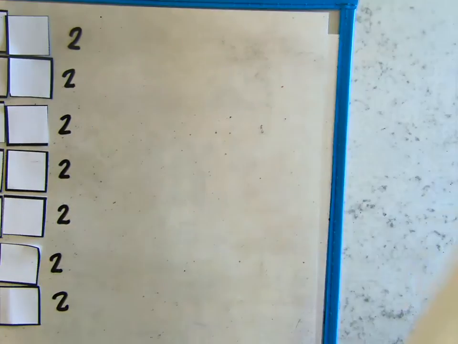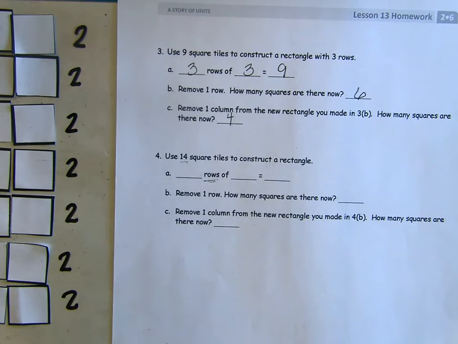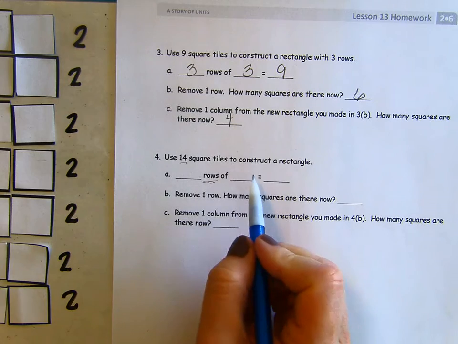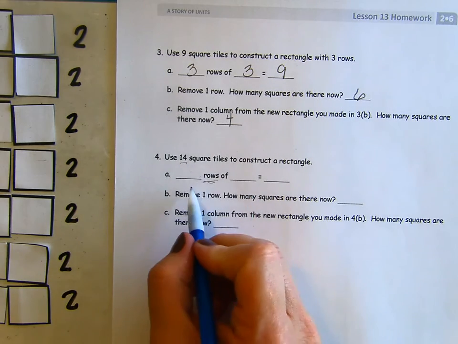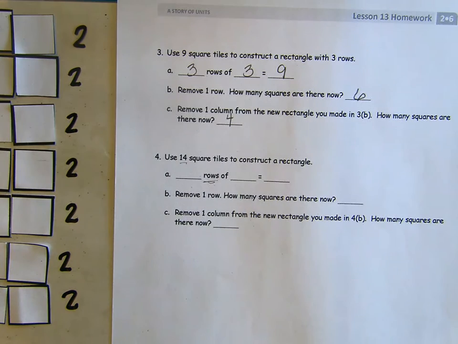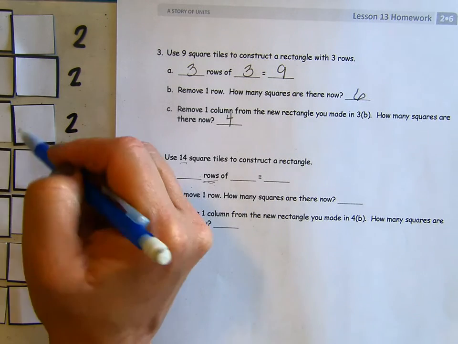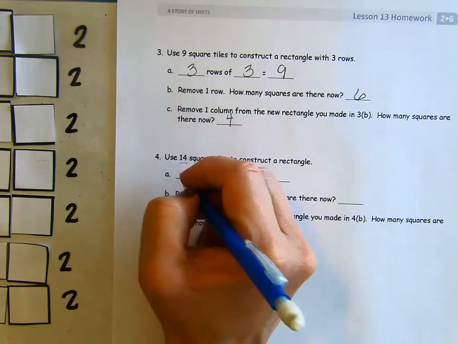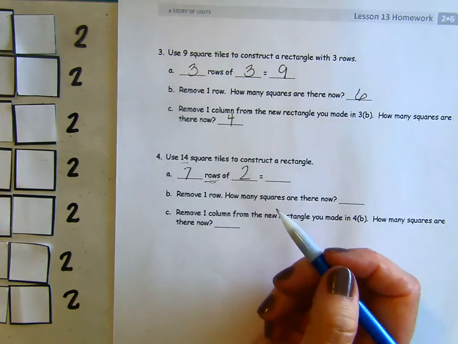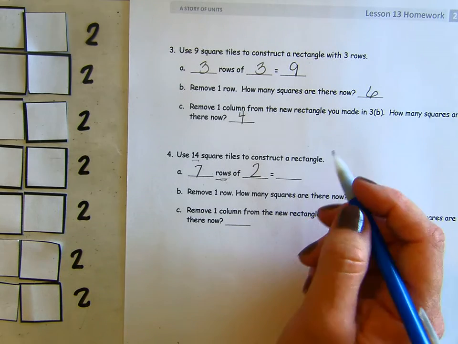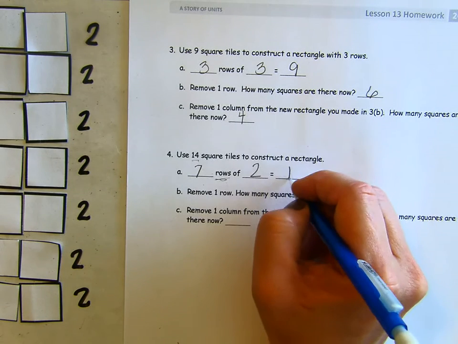So what are we going to do with that array? Use 14 square tiles to construct a rectangle. We have our rectangle. There are how many rows of how many? 1, 2, 3, 4, 5, 6, 7 rows of 2. And how many do we have altogether? 14.